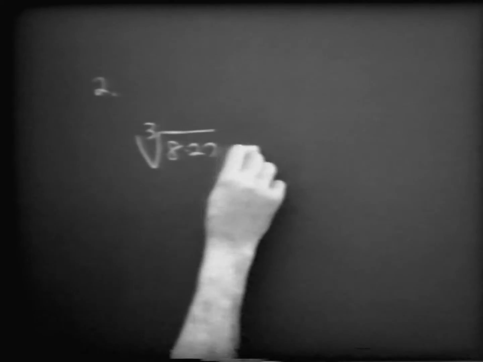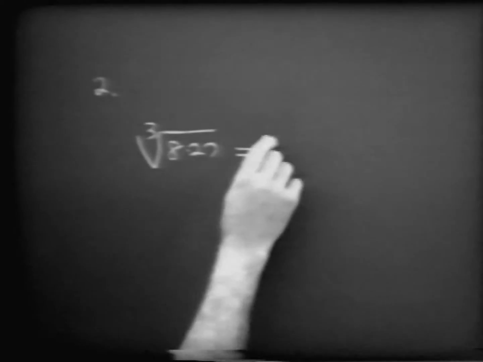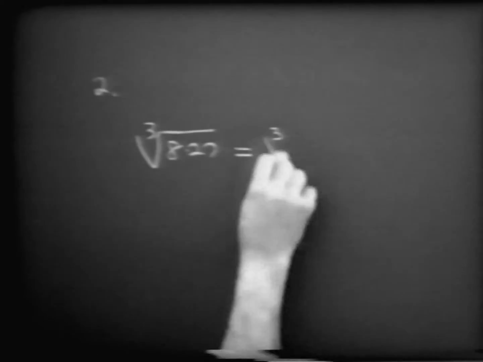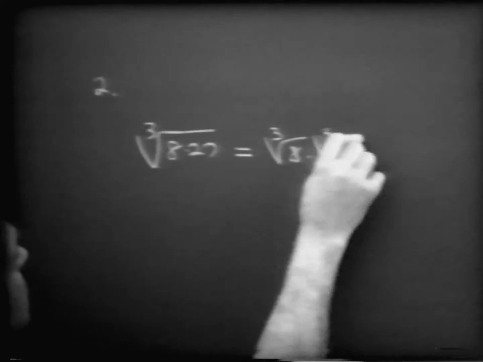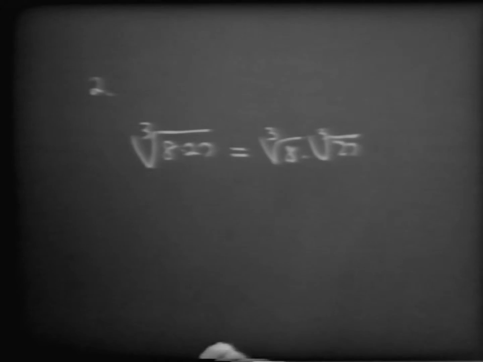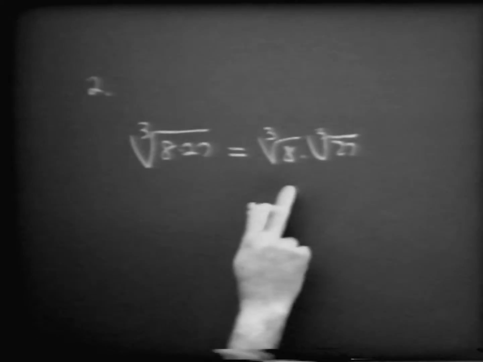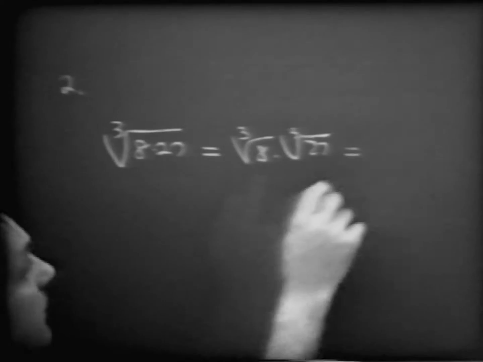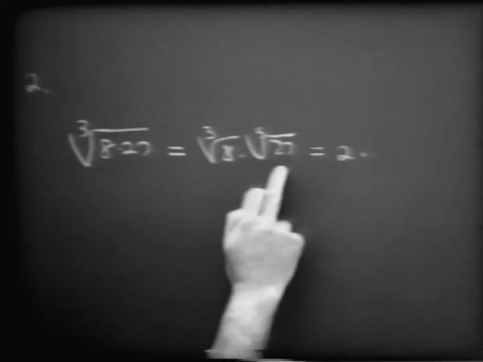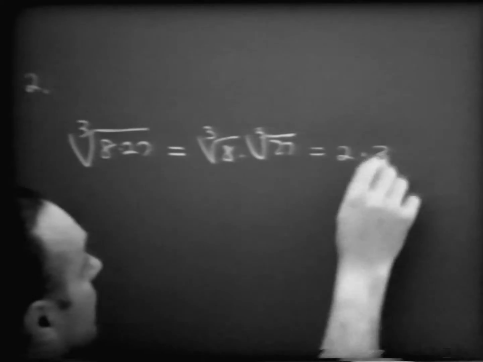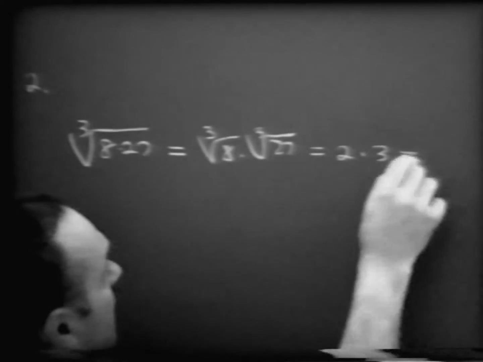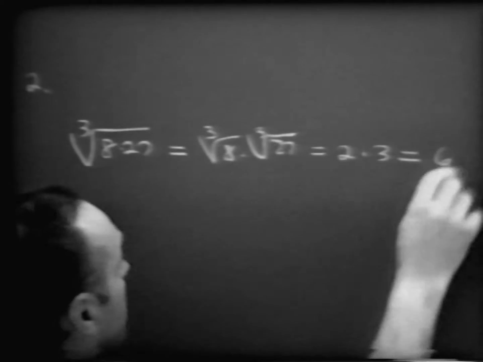Now, on the basis of what we said about square roots, do you think that this is equal to the cube root of 8 times the cube root of 27? Would you all accept this idea? All right. And now, of course, you know that the cube root of 8 is 2, and the cube root of 27 is 3, right? Because 3 times 3 times 3 is 27. And, of course, 2 times 3 is 6, all right?